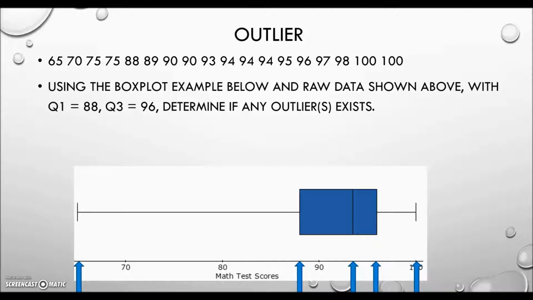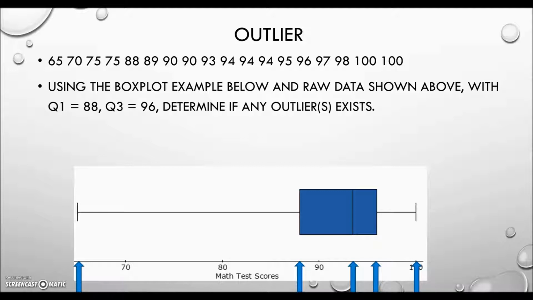Let's take a look at an example to determine whether we do have an outlier or not. So here are the scores from a math test. We have the first quartile value of 88, the third quartile value of 96. Those again are the ends of the box in our plot here.